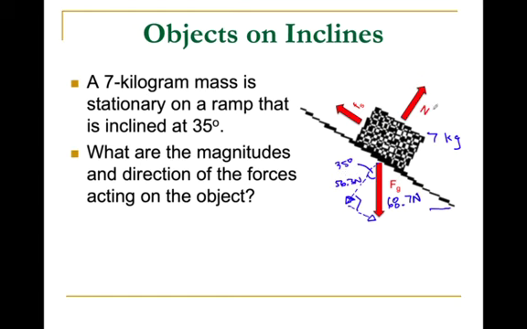And that means that this normal force here also has to be 56.3 newtons. How do we figure out this side? This side's just going to be that 68.7 times the sine of 35 degrees. And if you solve that very quickly, you'll end up with 39.4 newtons.